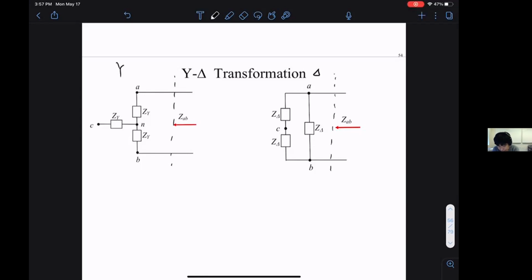So the question is, if the load is Y and I look through the A to B terminal, what is the equivalent impedance I see?